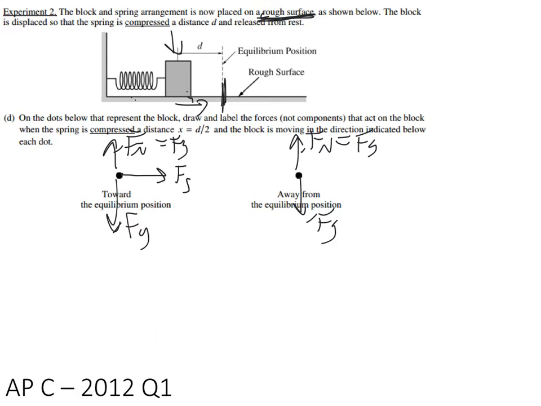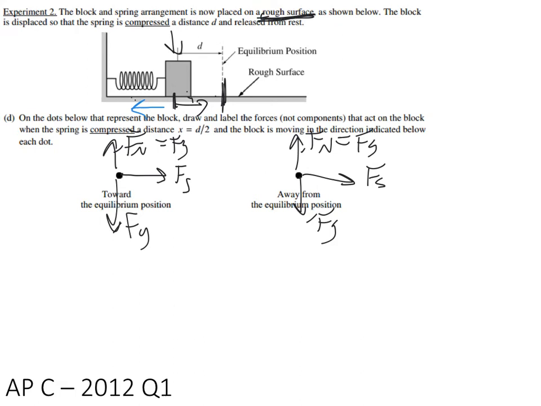But if it was moving away from the equilibrium, the force is still going to be pushing it to the right. Because remember, the spring force always pushes it towards the equilibrium. No matter how this object's moving, if it's to the left of the equilibrium position, then the spring force will always be to the right.